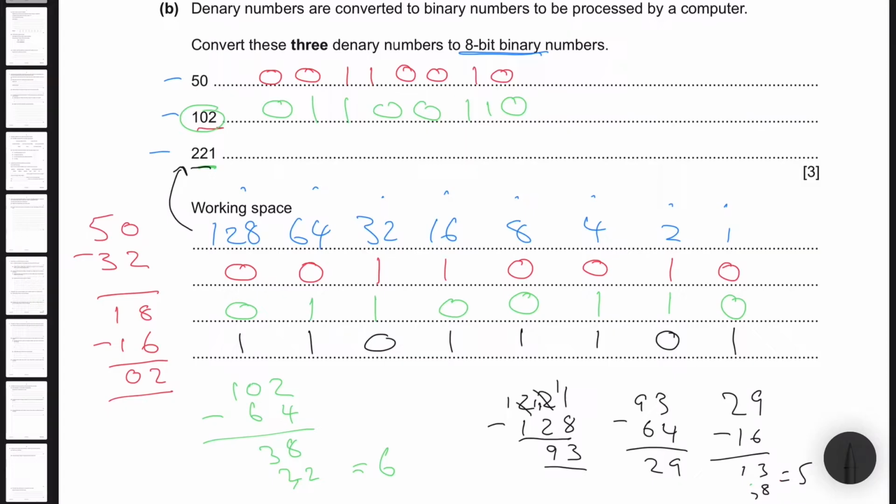Okay, so we're basically putting these numbers into this number. How many of those go in? If there's anything left, will 1 of those then fit in? Anything left, will 1 of those fit in? Okay, so 1, 1, 0, 1, 1, 1, 0, 1 would give us the full 3 marks.